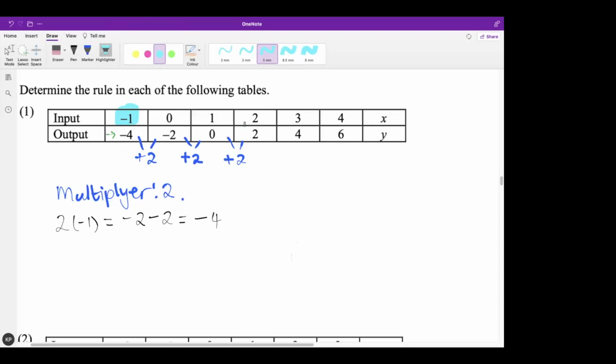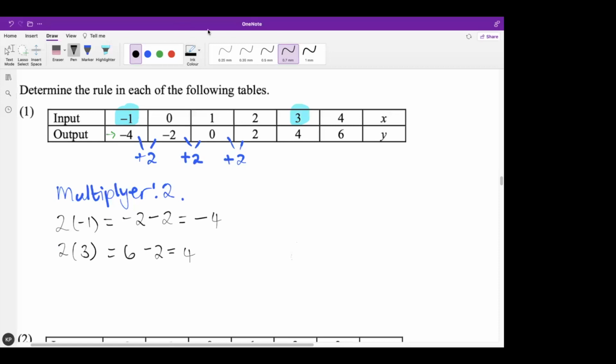Let's check it with a different one. Let's check it with an input of 3. That means it's going to be 2 times 3. What's 2 times 3? That is 6. And if I subtract 2, I get 4. Is that my desired output? Yes, it is.